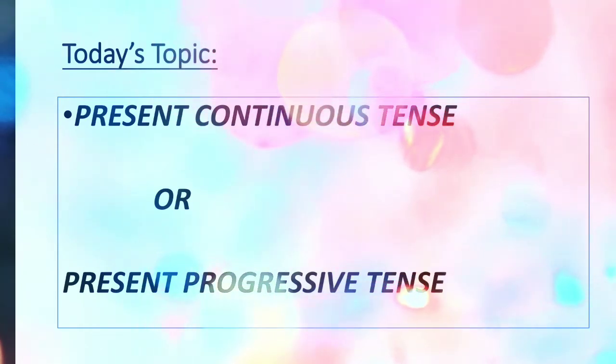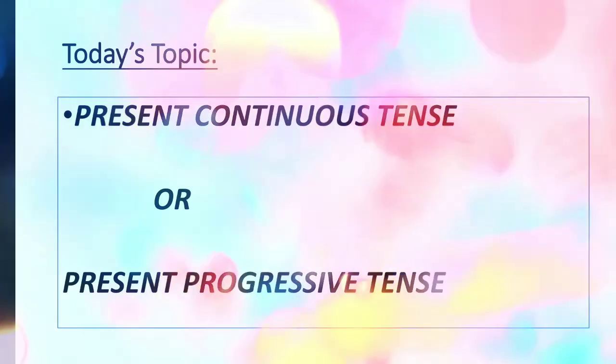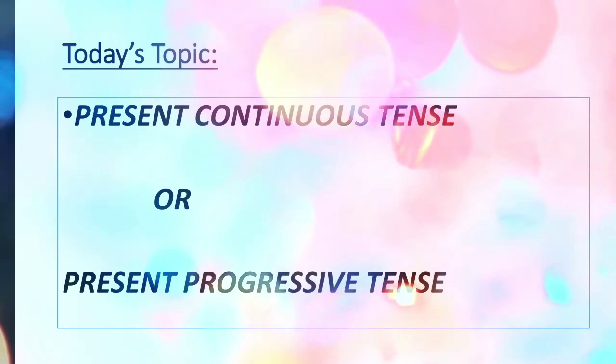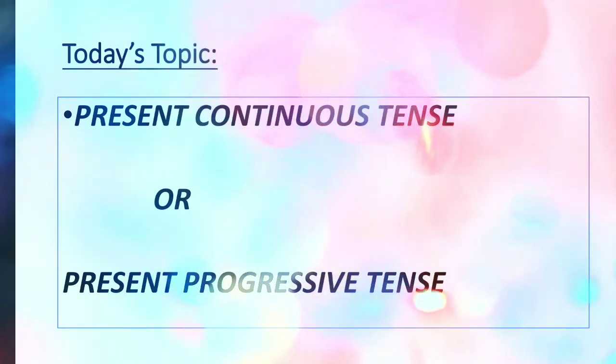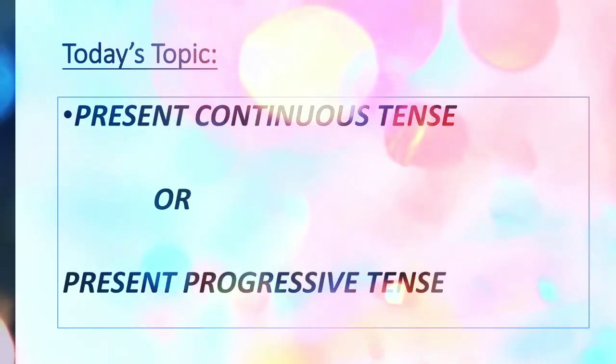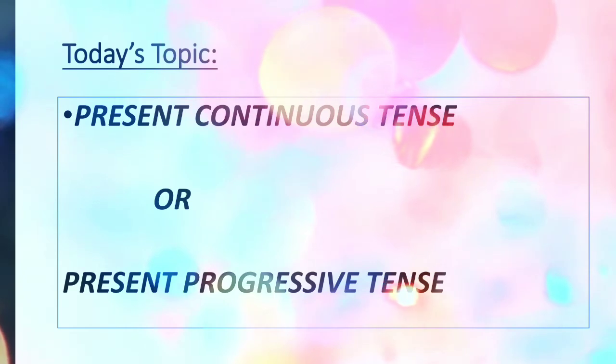I hope there is a question clicking in your mind about the naming of this tense: why is it called continuous or progressive tense? I will make it clear, so that after studying this topic you are able to find the answer to your question. To make it clear, you have to study carefully.